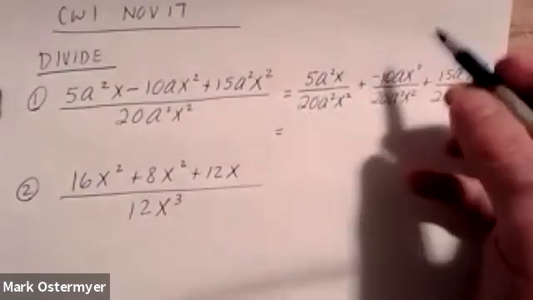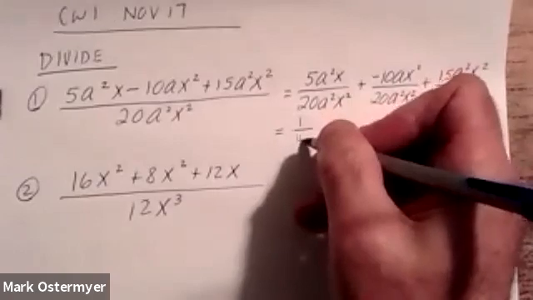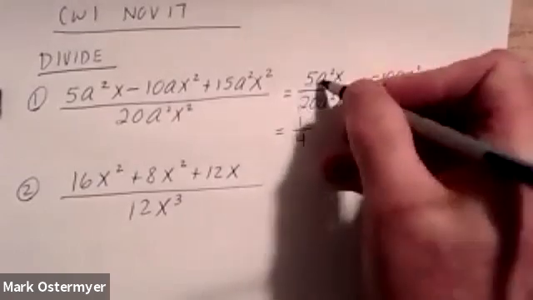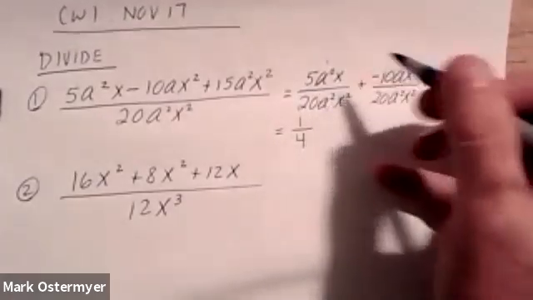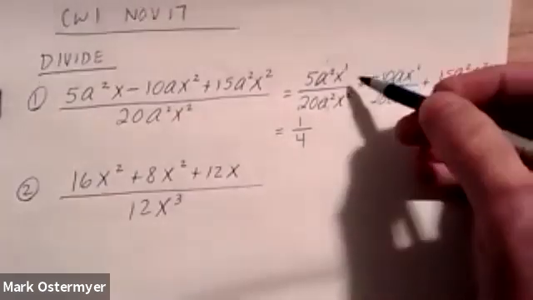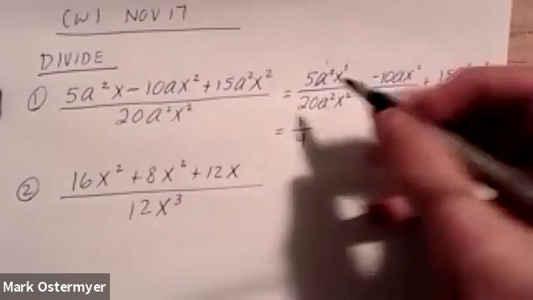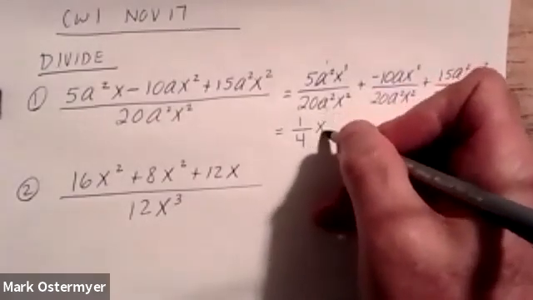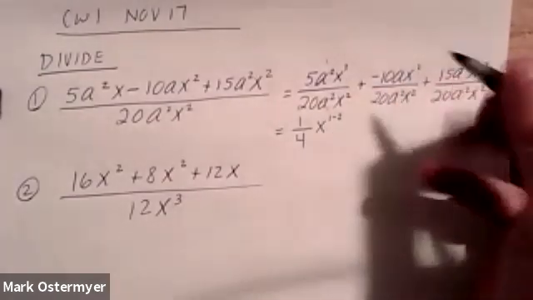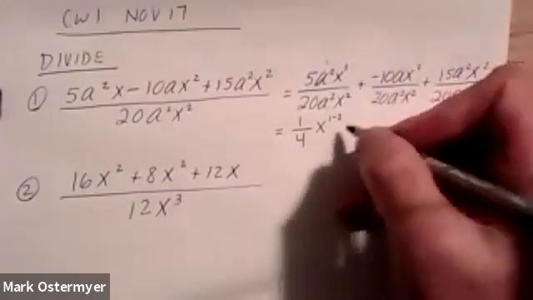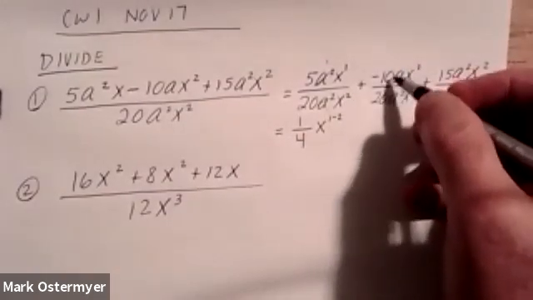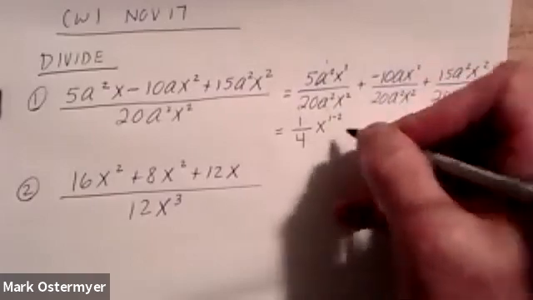All right, 5 over 20 reduces down to 1/4. These a squareds reduce out to 1s. Now, this x in the numerator, when you divide like bases, you subtract exponents. So this is going to be like x to the 1 minus 2 power. Negative 10 divided by positive 20 reduces down to negative 1/2.